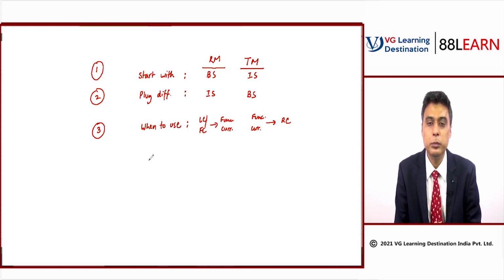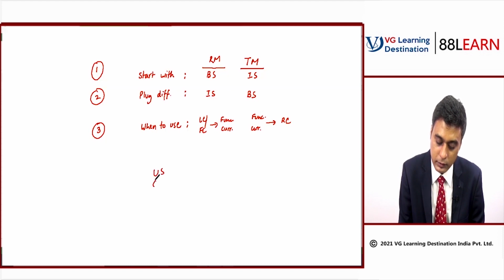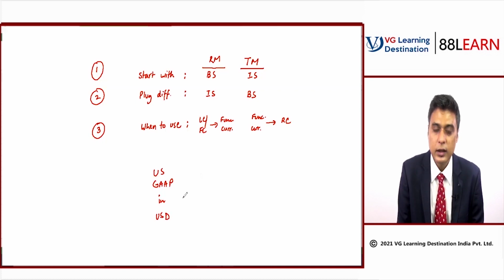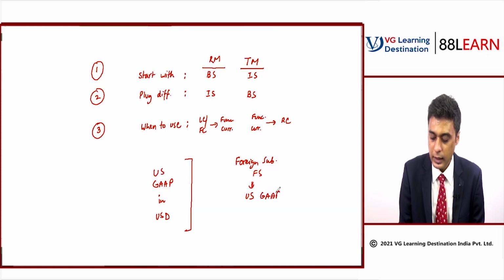This American company is going to submit its financials to the Securities and Exchange Commission under US GAAP and in US dollars. That means the foreign subsidiaries' financial statements are going to be converted to US GAAP and to USD.